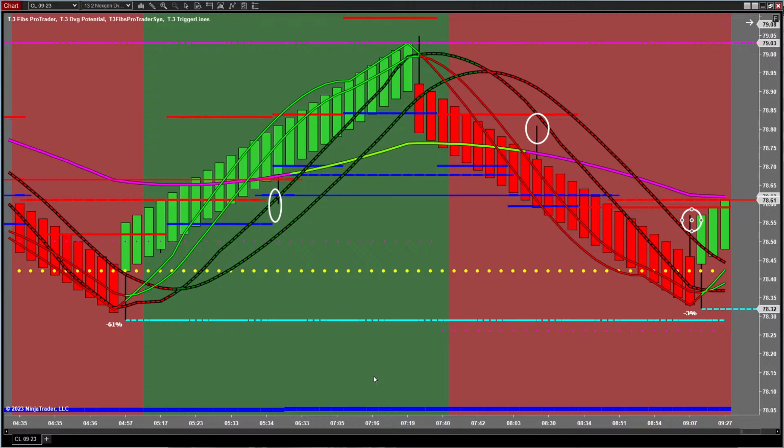I think so. So again, for me personally, that's why I use that third chart, because if the 13-2 and the 5-1 and the 8 range chart all agree, then you usually get a pretty darn good trade.